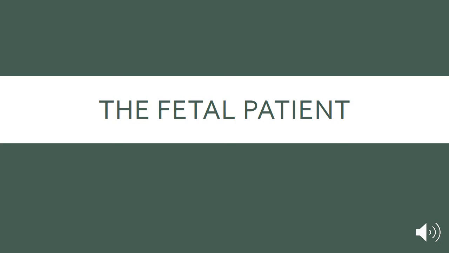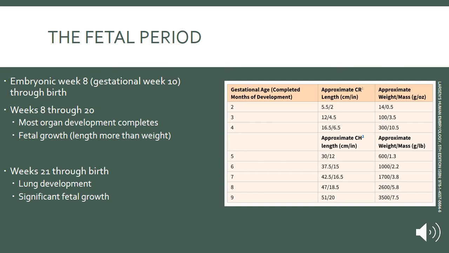Mostly our focus is on how development either normally occurs or does not occur normally, and then what we do when that happens. But to start off with, we have now hit the fetal period. From embryonic week 8 through birth, gestational week 10, that's the fetal period.